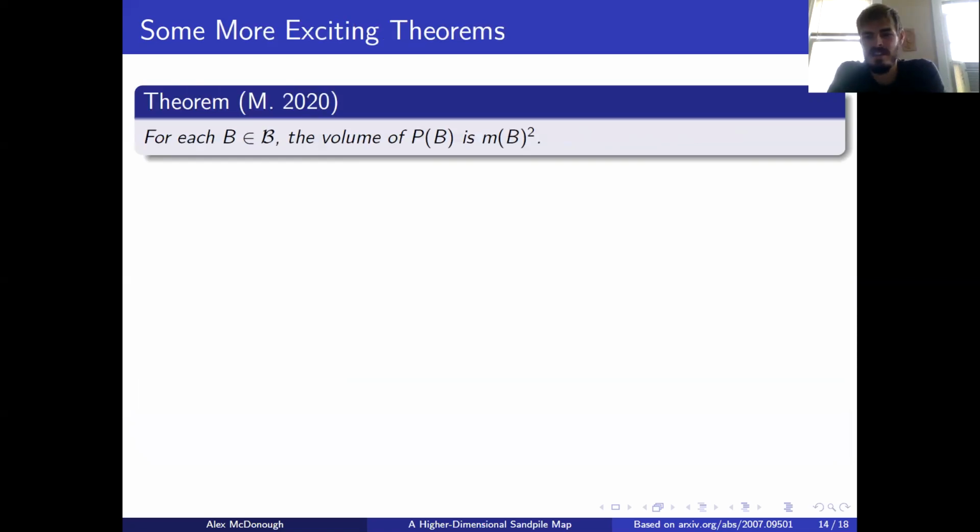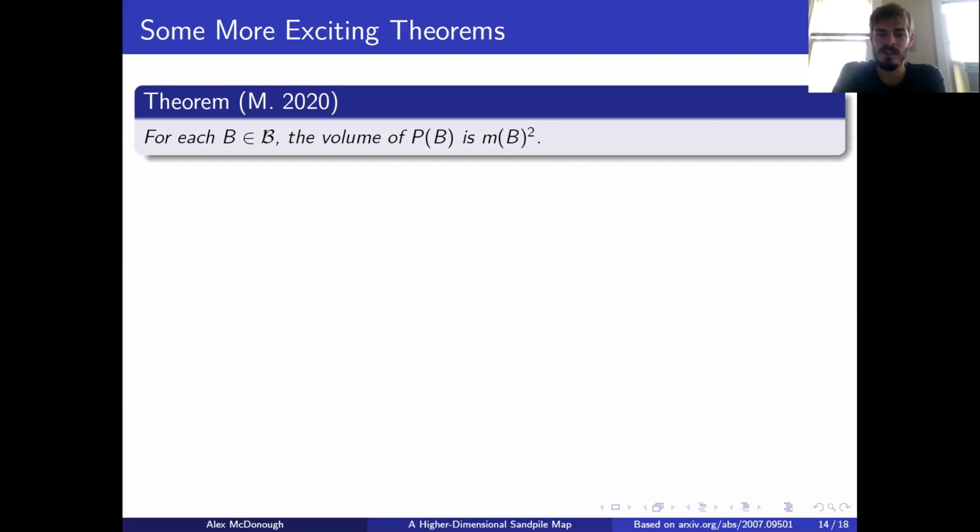But then there are some more exciting theorems, so we can actually get to the final construction. For each basis, the volume of the parallelepiped is its multiplicity squared. This is related to the fact I said earlier that if you restrict to some columns of D and restrict to the remaining columns of D hat, you get the same determinant.